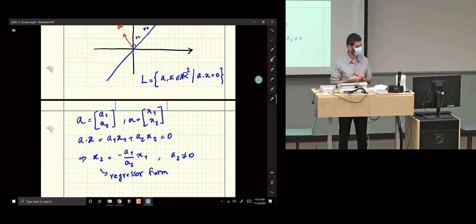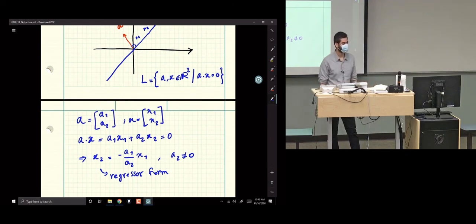The question is, what about the lines parallel to the one we have? Well, then they will have another A that is orthogonal, right? So it was completely arbitrary. I picked A to be any vector and then defined all the points that meet that condition, right? I think if it has to be parallel, then it should pass through the origin. Yeah.